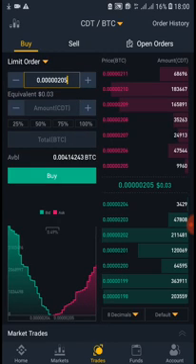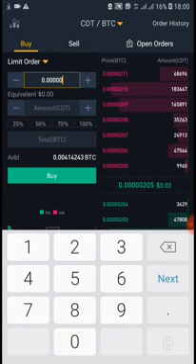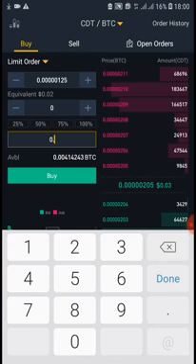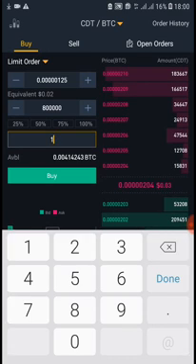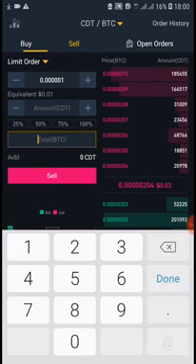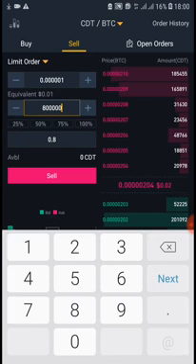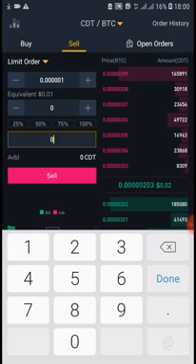Let's say you bought CDT at 125 sats. You bought 1 BTC worth, which is 800,000 coins. Now CDT got to 800,000, 1.1 BTC.